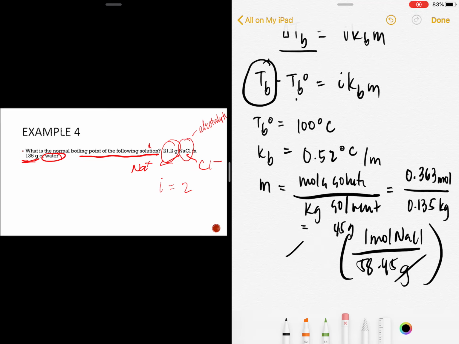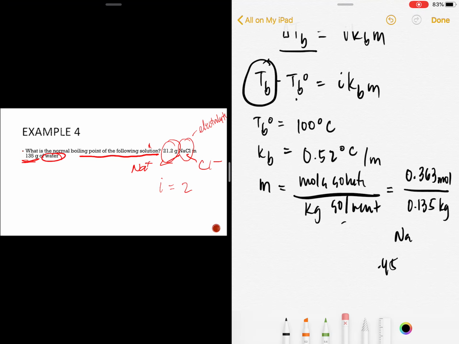It feels like a tongue twister when you say molarity and molality. Sometimes I stumble when I say it. So 0.363 divided by 0.135 is now 2.69. So the molality is 2.69 molal.